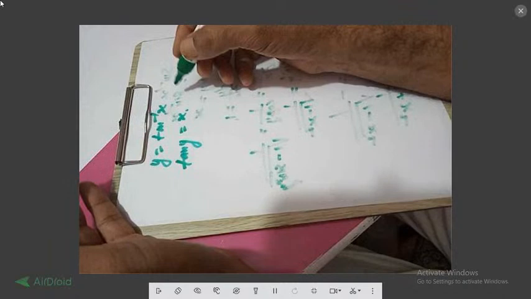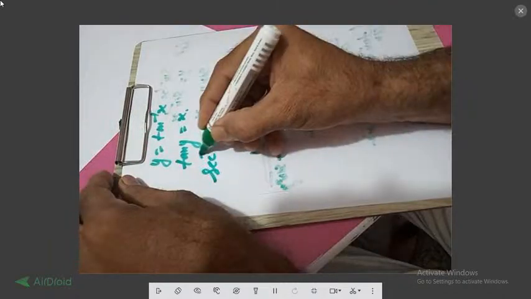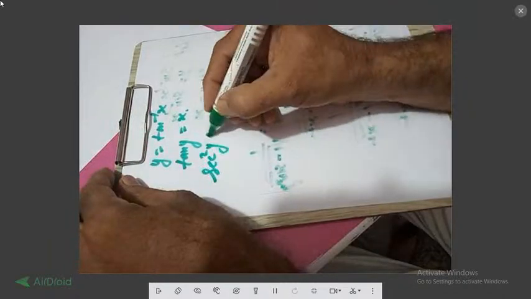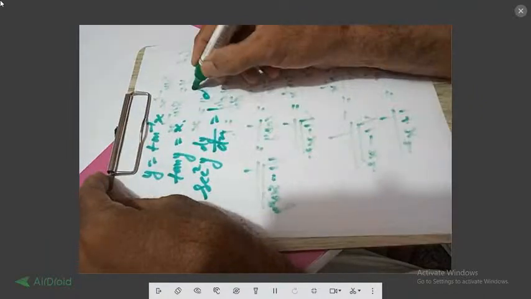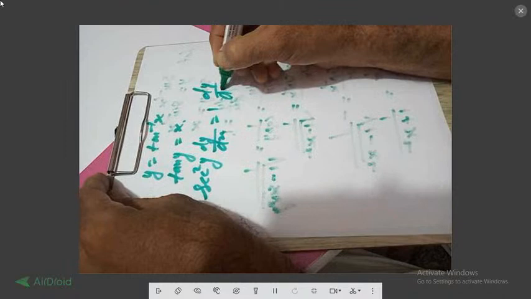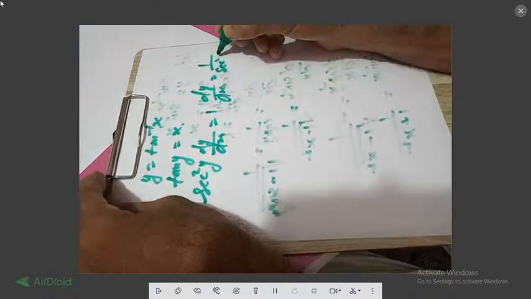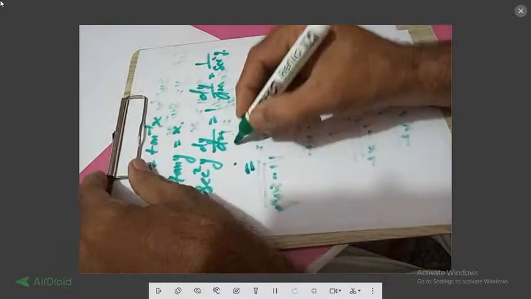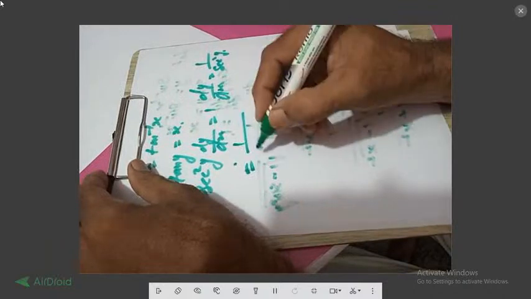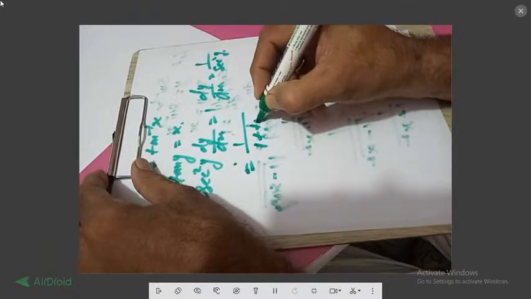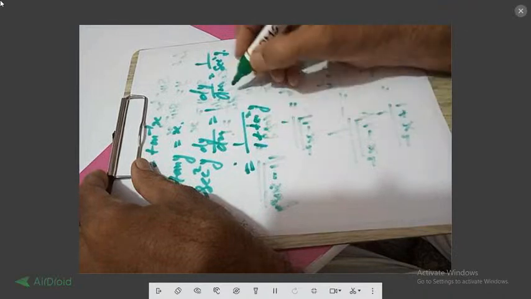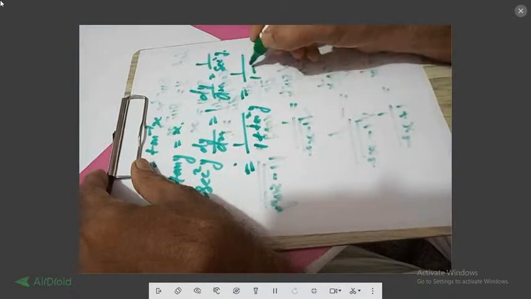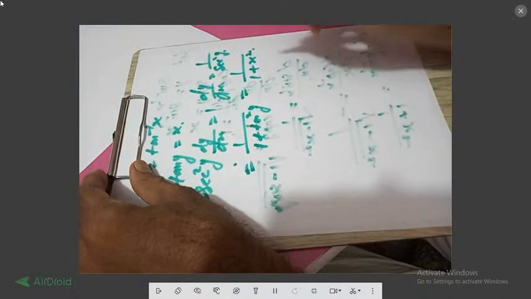Then secant square y into dy by dx is equal to 1, and dy by dx is equal to 1 oblique secant square y, and this is equal to 1 oblique 1 plus tangent square y, and this is 1 oblique 1 plus x square.